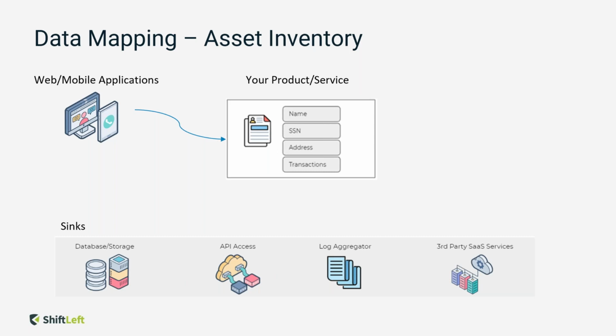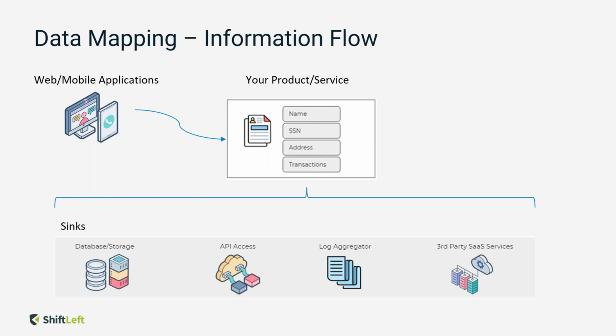So now we've identified the consumer-facing applications. We've identified the data models. We've identified where your sinks are. Next is to identify the information flows that happen. Right. So this is to say, okay, I'm collecting all this information. This is where this information ends up flowing into.